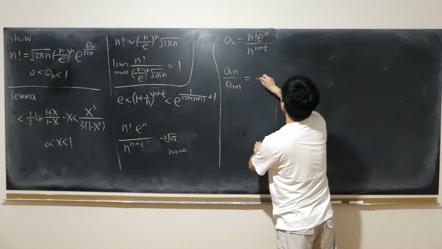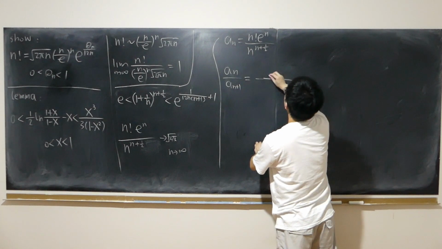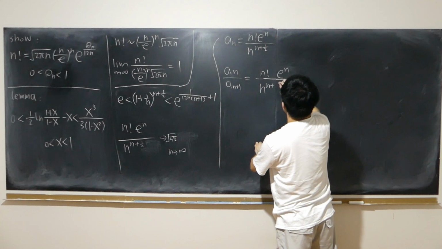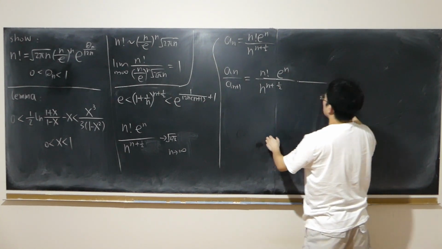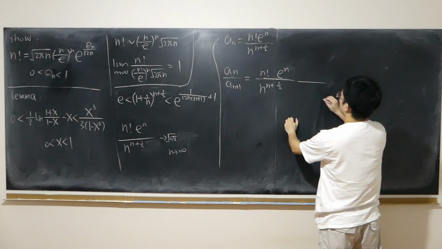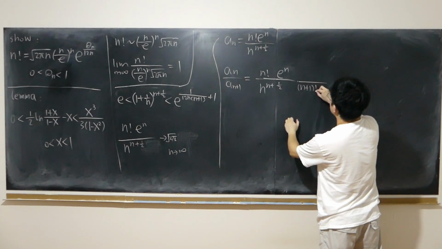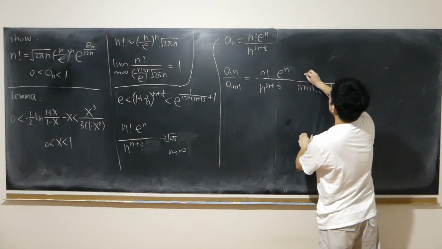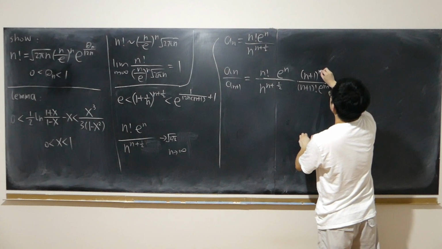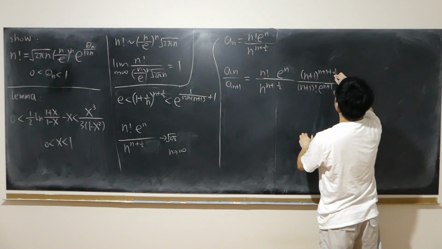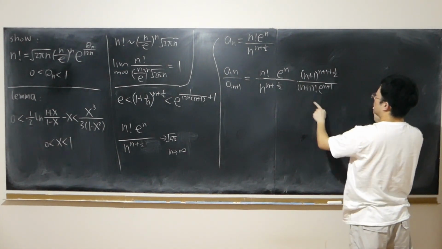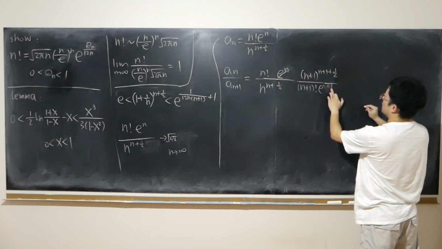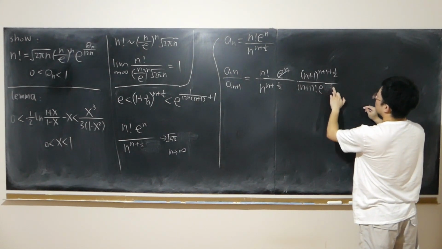That is equal to n factorial e to the power of n over n to the power of n plus half, multiplied by its reciprocal, n plus 1 factorial e to the power of n plus 1, and on top I have n plus 1 to the power of n plus 1 plus half. So e to the power of n over e to the power of n plus 1, this will be gone. I just have e.